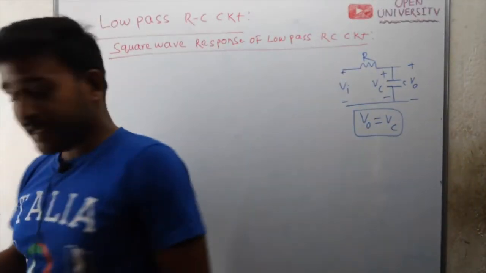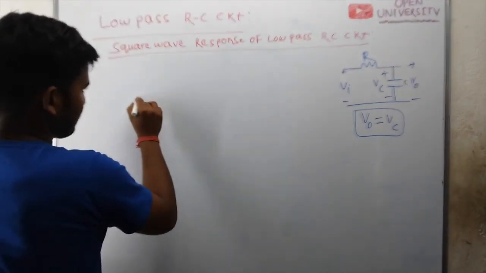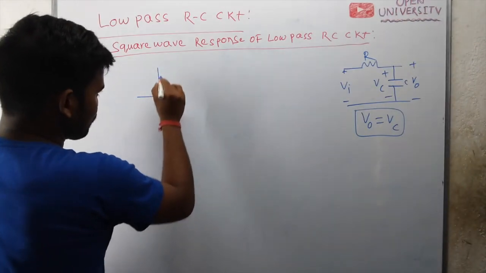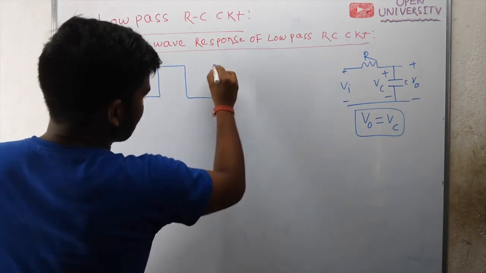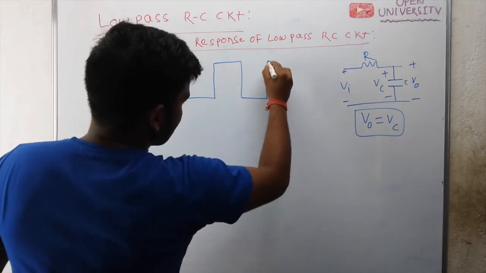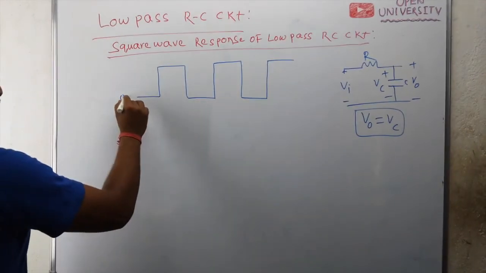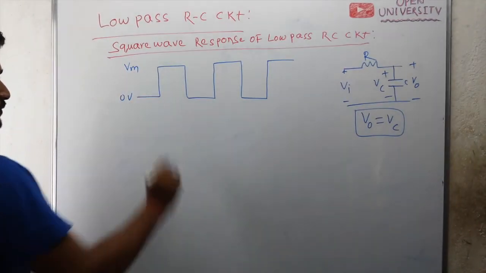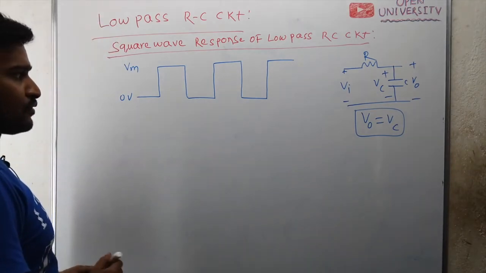Let the input signal Vi be a square wave signal which is varying between 0 volt to Vm.